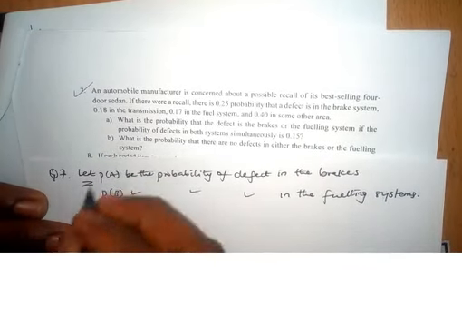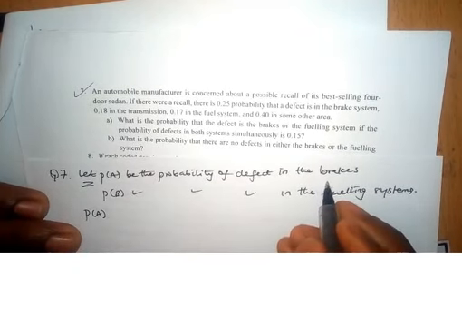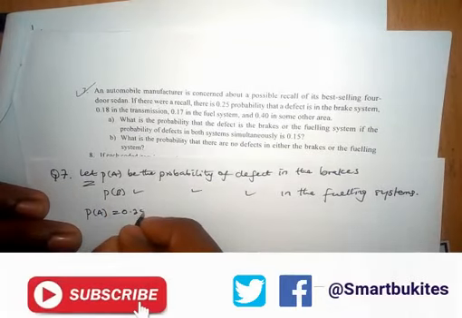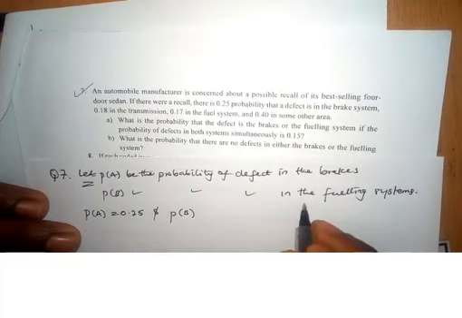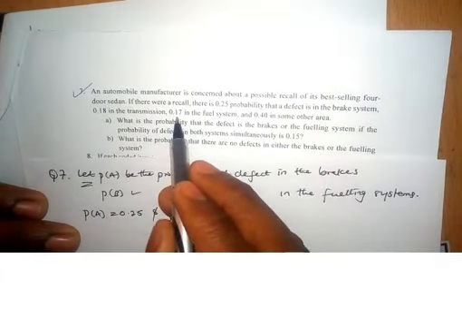The probabilities given in the question: P of A, the probability of defects in the brake, is 0.25, and the probability of defects in the fueling system is given as 0.17.